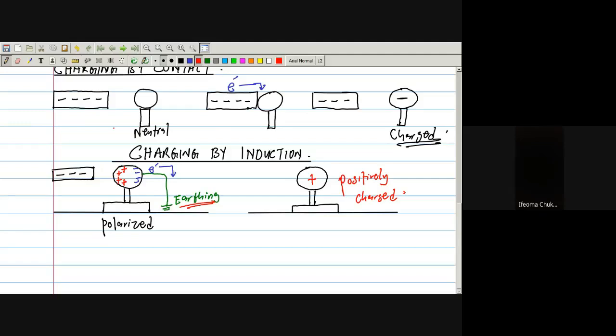But then look at another example. What if you have something like this?